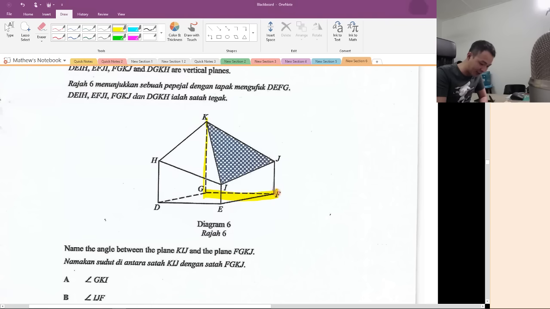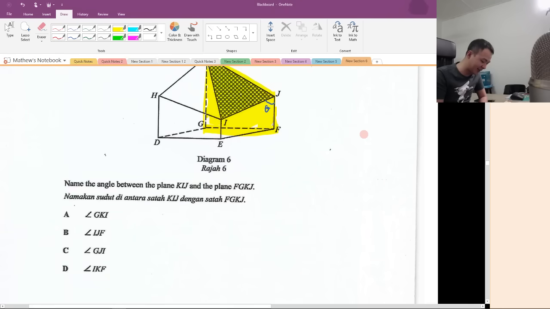If you want to know the angle between them, it's quite simple, right? You just imagine two different planes, and the angle must be here, isn't it? So it will be IJF.